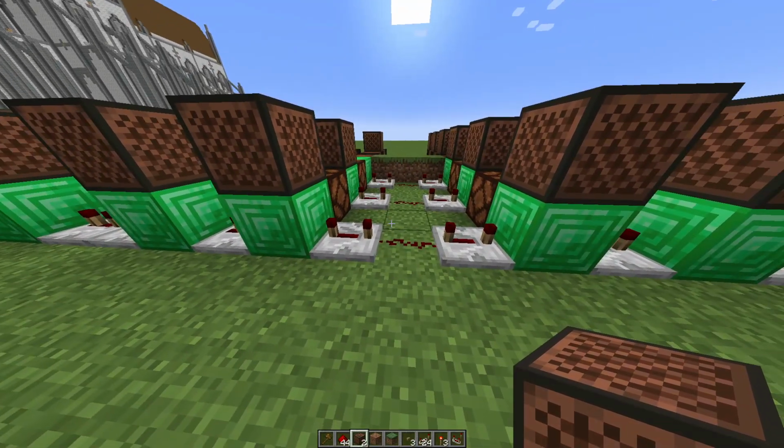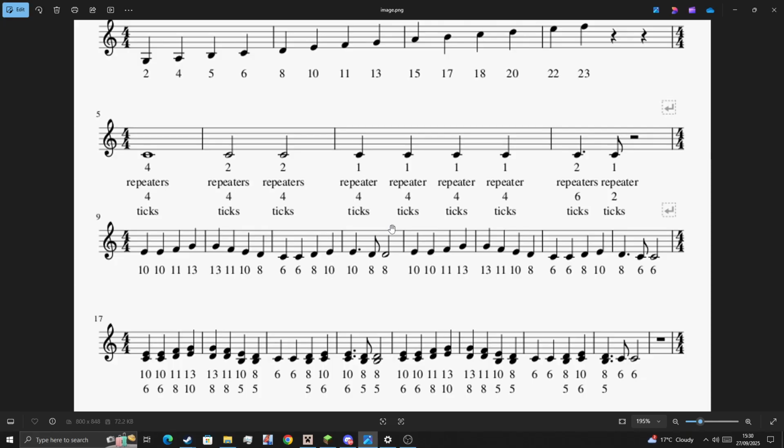So let's look at this here. These all have single repeaters in between them, because these are all standard notes. 1 repeater, 4 ticks. 1 repeater, 4 ticks. 1 repeater, 4 ticks.